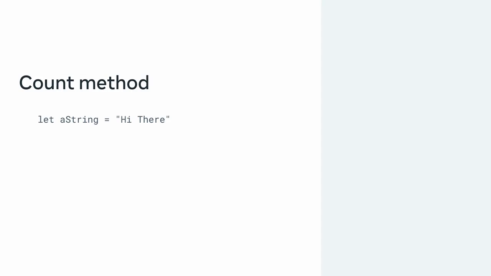You can then create another variable called theCount and assign it the value of the variable aString appended by the count method. So your code is let theCount equal aString.count. In this example, the variable theCount will store the value of 8. This is because the string contains 7 letters and a space, so 8 characters in total.